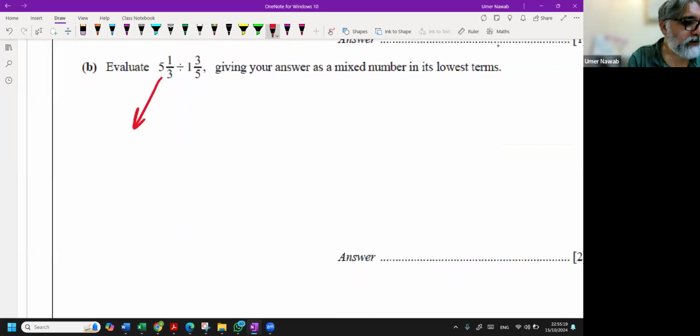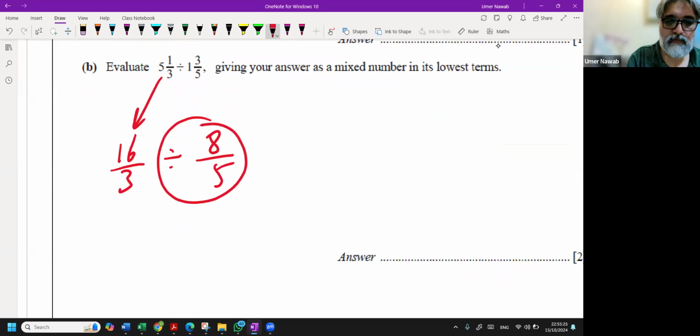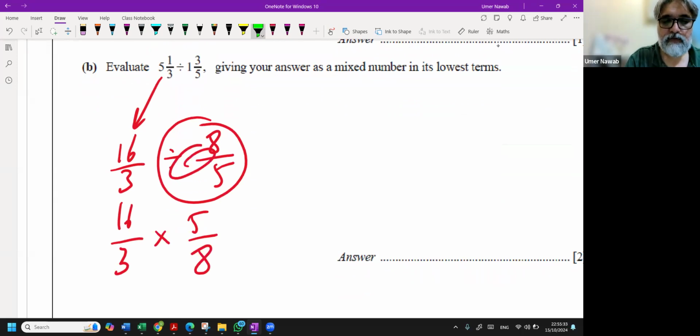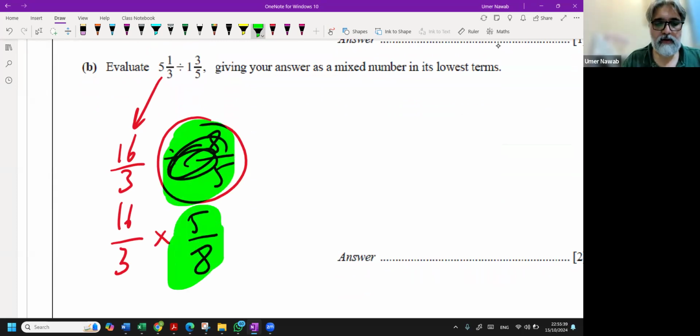This is converted into improper, 16 over 3 divided by 8 over 5. And then flip it, 16 over 3 times 5 over 8, right? So we just flip. It turns into this form. Now you can multiply 16 with 5 and 3 with 8.